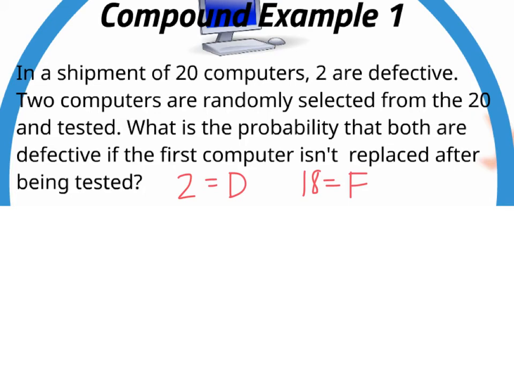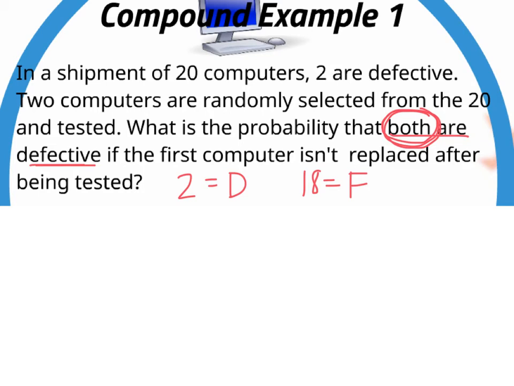What is the probability that both are defective if the first computer is not replaced after being tested? So again, because it says both, we know this is going to be a compound probability. We don't see the word and anywhere to let us know that we're going to multiply, but because it says both, we know it's compound, and compound is always multiplied.